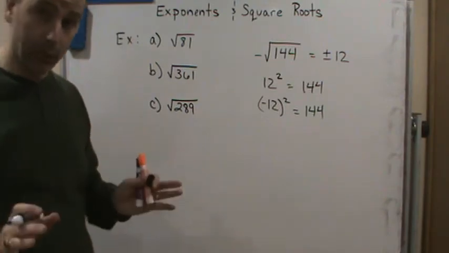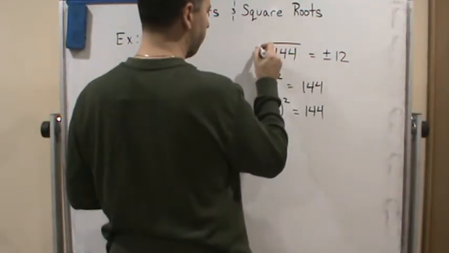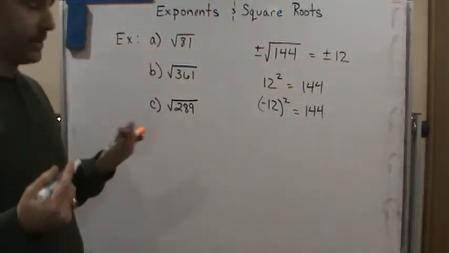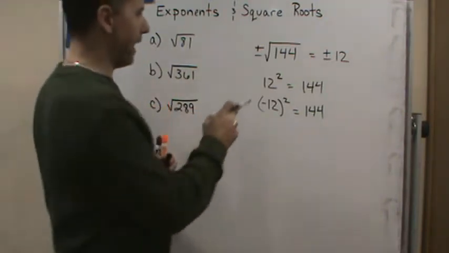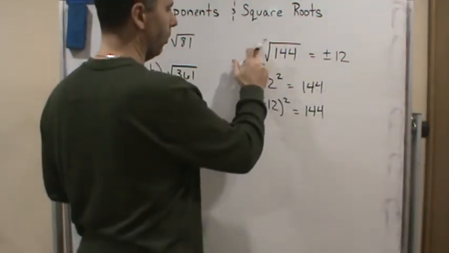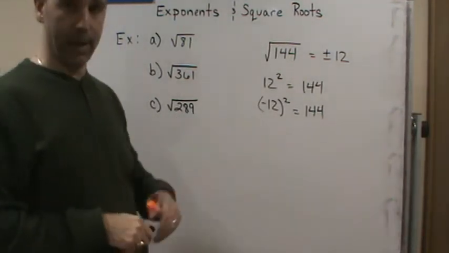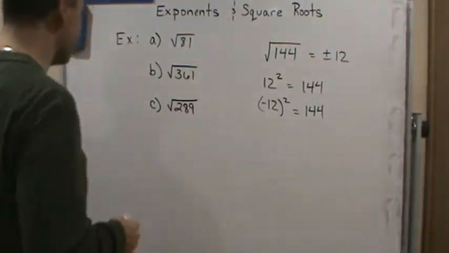If we want both the positive and the negative, we would put plus minus in front, okay? And if we want the positive square root, we'll either have positive or nothing at all, because if there's nothing there, it's assumed to be positive. Okay, so just keep that in mind. Okay, so let's get started.